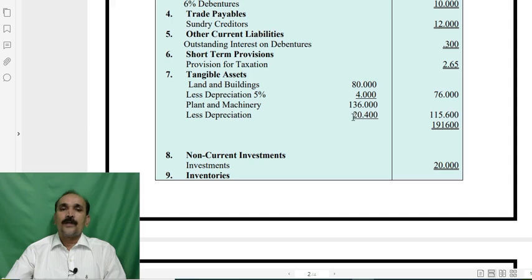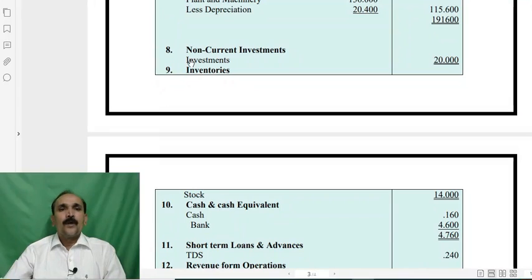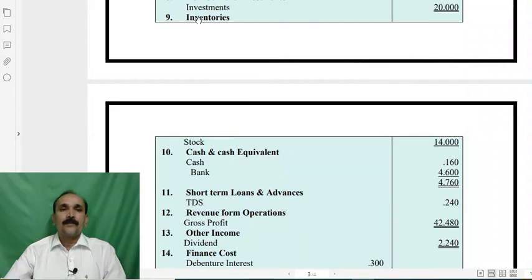After the deduction of 15% depreciation of rupees 20,400, the net balance is 1,15,600. Total of tangible assets 1,91,600.